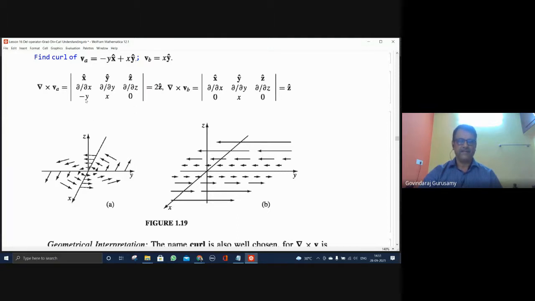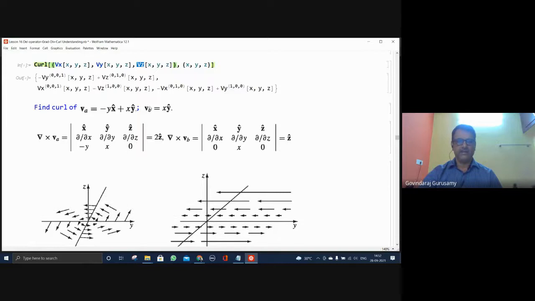You can see minus y plus x. The x component is minus y, the y component is x. And if you take the curl of that, the curl direction is z cap with the magnitude 2, which is perpendicular to both x cap and y cap. That's the direction of that.